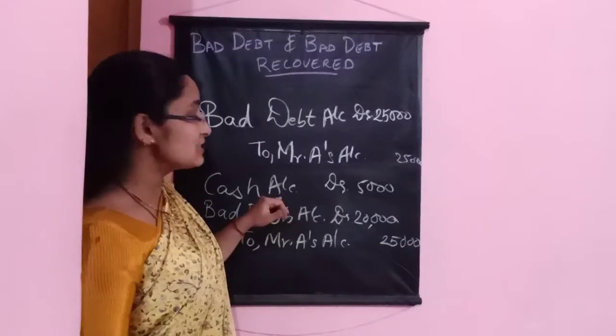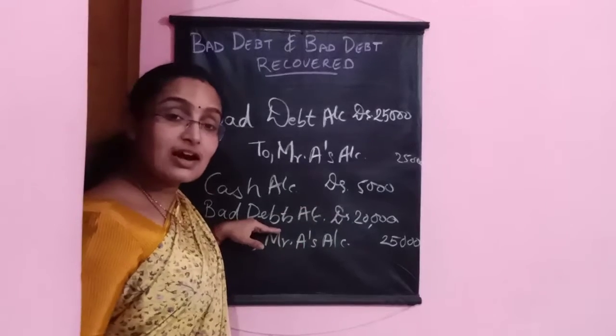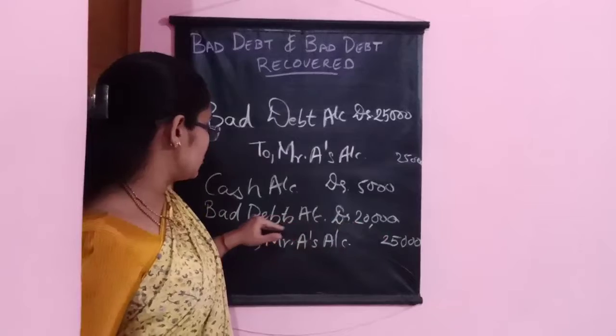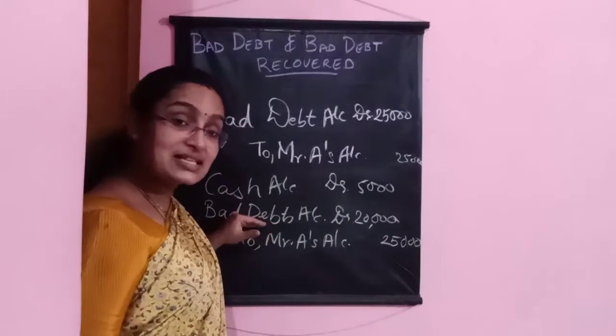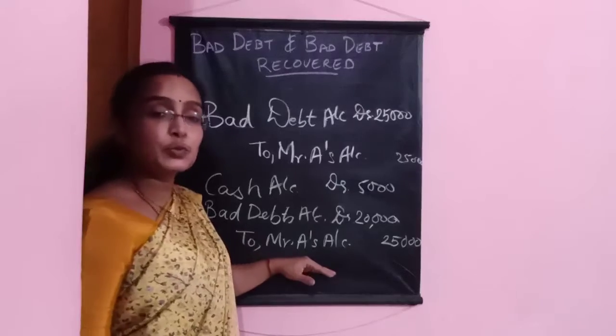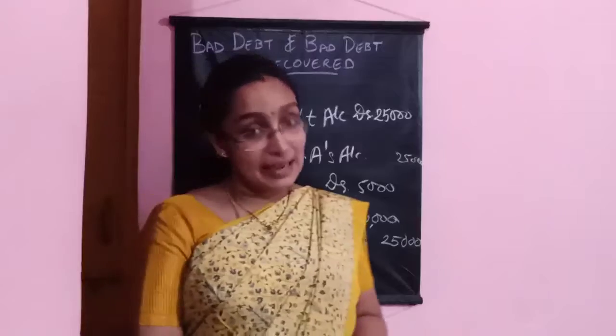Here the cash is received for rupees 5,000. The remaining 20,000 from the balance of 25,000 will be written off as bad debts, and Mr. A's account will be credited and closed. This was the entry for bad debts.